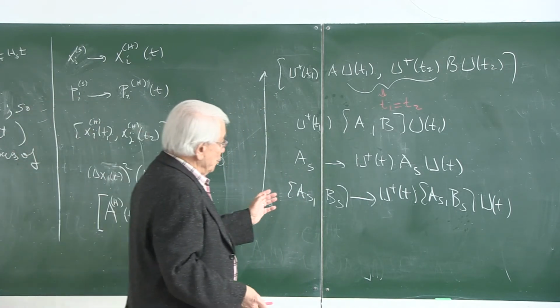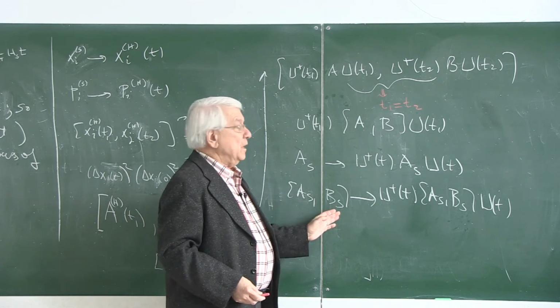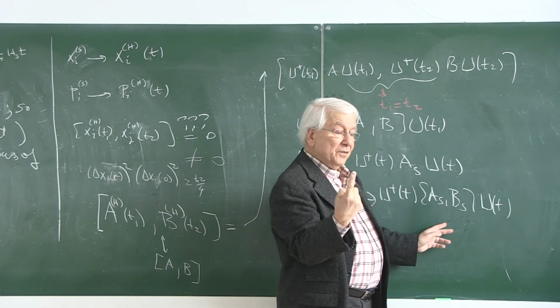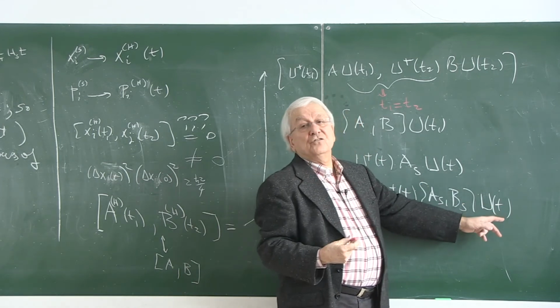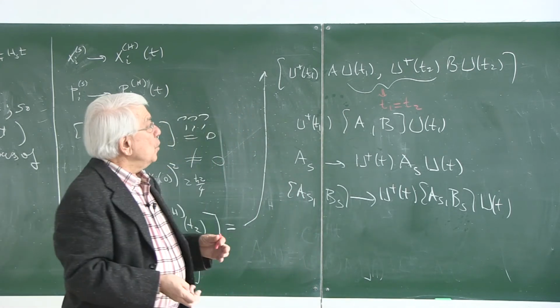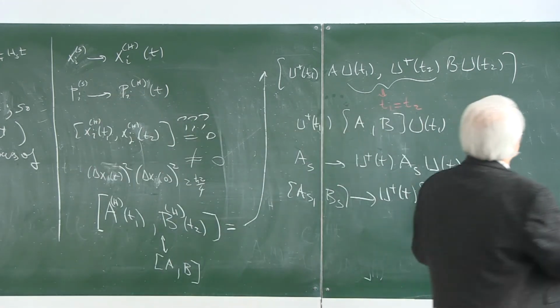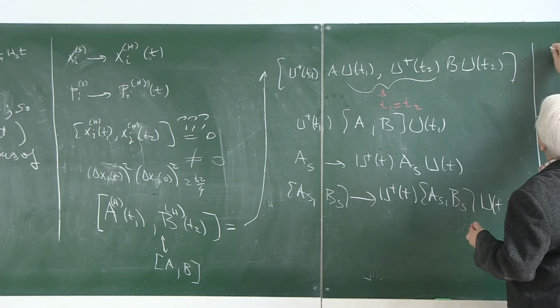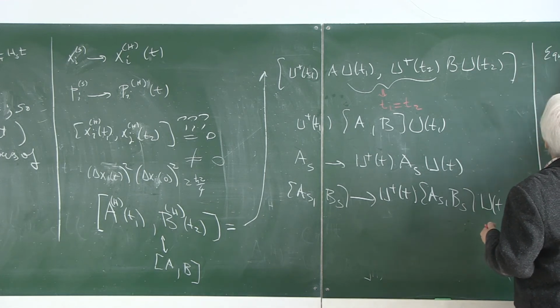If you take one of them to be xi, the other to be pj, [xi, pj] is i h bar delta ij times the identity operator. Again, it jumps over the identity. You get the i h bar delta ij. So we obtained that beautiful result. Let me write it. The Heisenberg algebra is valid for equal time algebra.